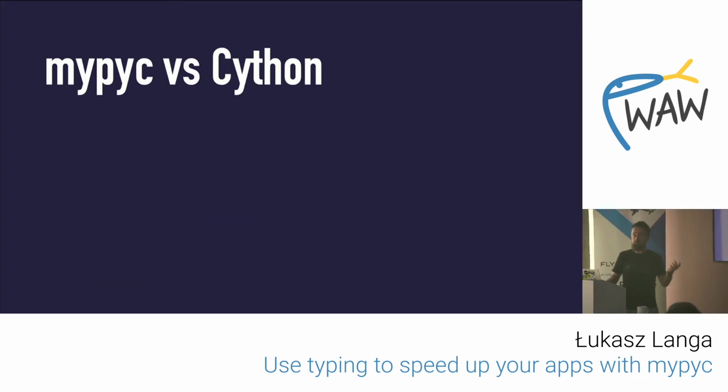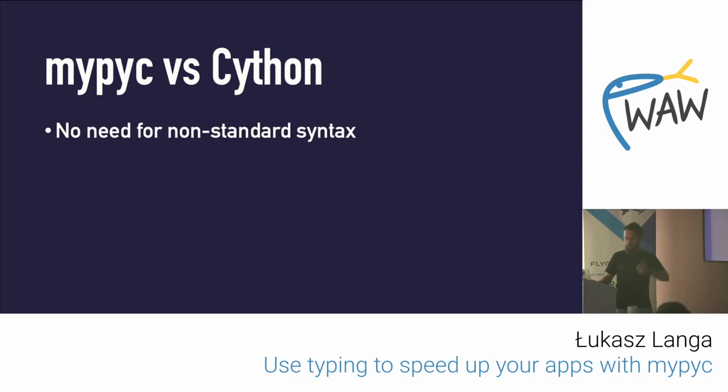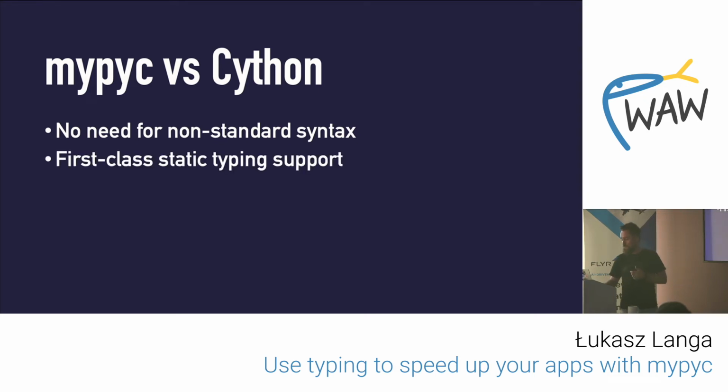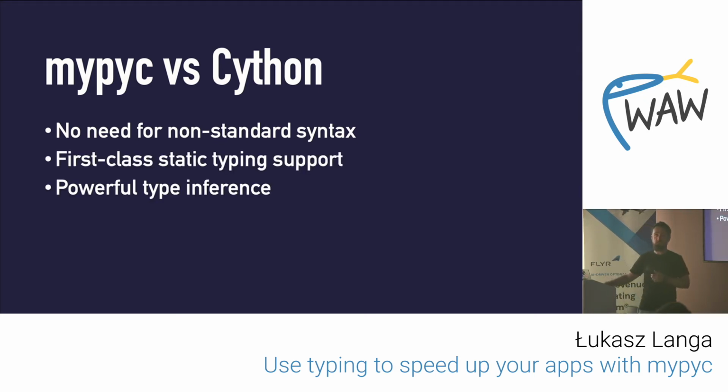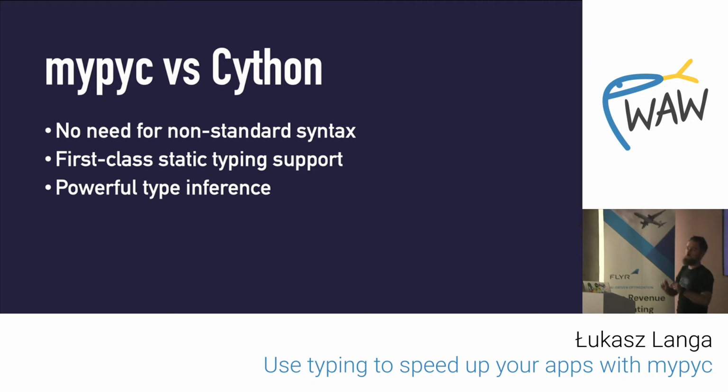So yeah, mypyc versus Cython, I already kind of was comparing it while talking before. But the thing is, you don't need this non-standard syntax. Typing support is first class. Type inference is powerful. So you saw how in Cython I had to literally tell it that for i, whatever, i is an int32_t. I had to be very explicit about everything. Here with mypyc, you don't have to.